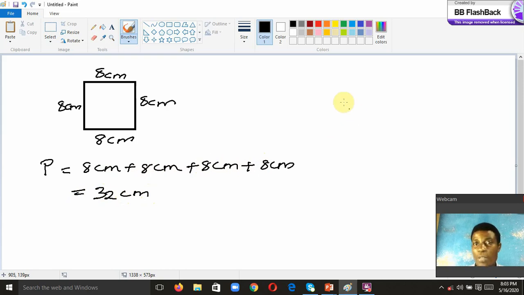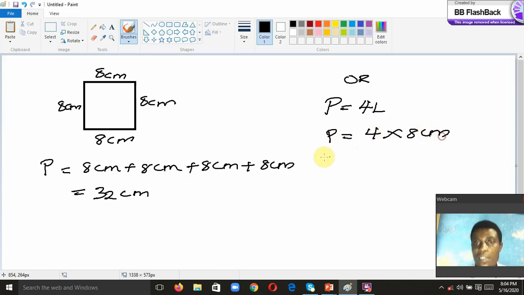Now let's use the formula. Perimeter, as we said earlier, is 4L, where L is length. L is 8 centimeters, so P is equal to 4 times 8 centimeters, which is 32 centimeters.